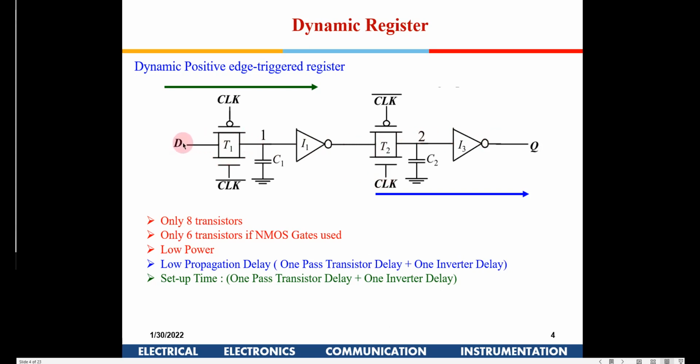But if this data is going to change after 4.5 nanoseconds, then because this is going to take 0.5 nanoseconds here before the clock, this data is going to get changed after the rising edge of the clock, so you won't sample the correct data. So now the setup time for this particular register is one pass transistor plus one inverter delay.